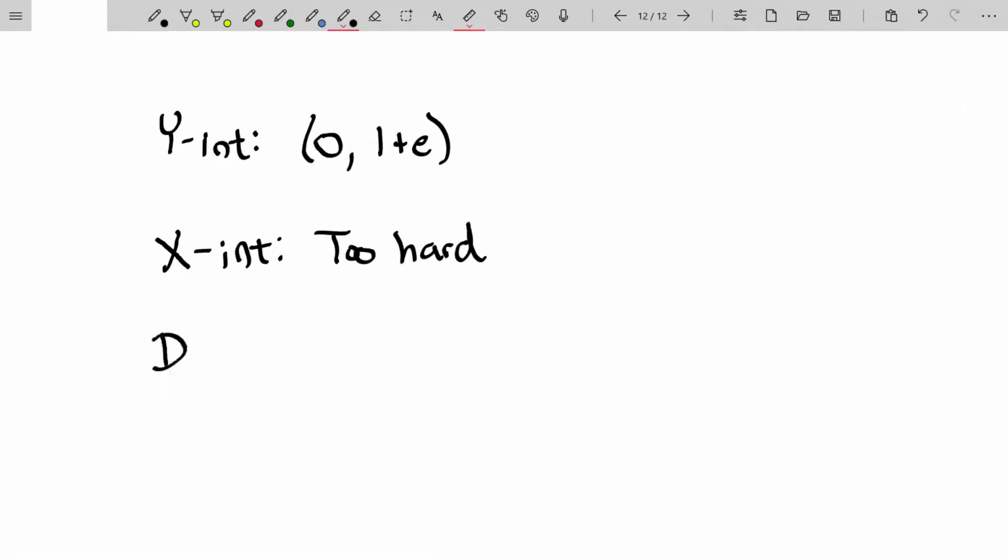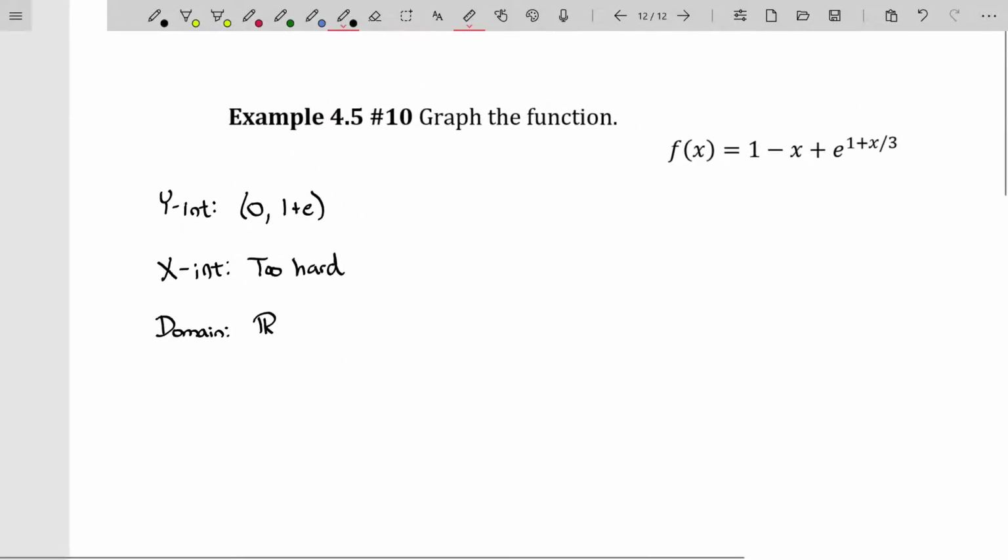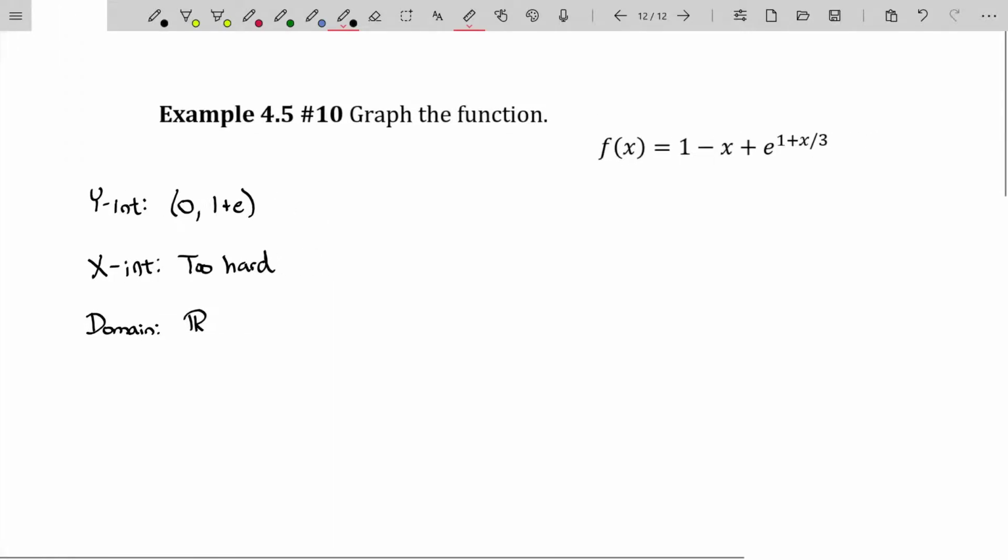The domain. Now, the domain of this function is all real numbers. And that's pretty easy to see. It's a linear function plus an exponential function, all real numbers. The next thing, symmetry. Well, I'm going to tell you that there's no symmetry here easily because it's an exponential function, but let's go ahead and verify that.